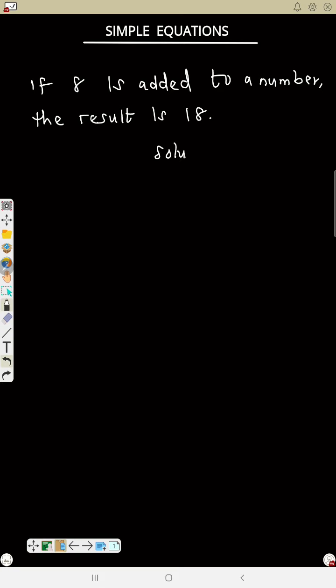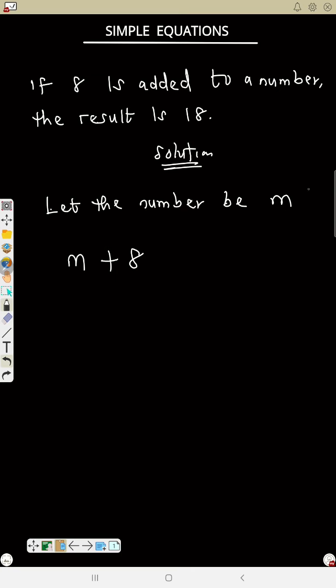So interpret this on your own. Now you will first say, let the number be, I will use another alphabet, I can use any alphabet, m. Now if 8 is added to a number, now the number is m. If I add 8 to it, if 8 is added to a number, the result is 18.